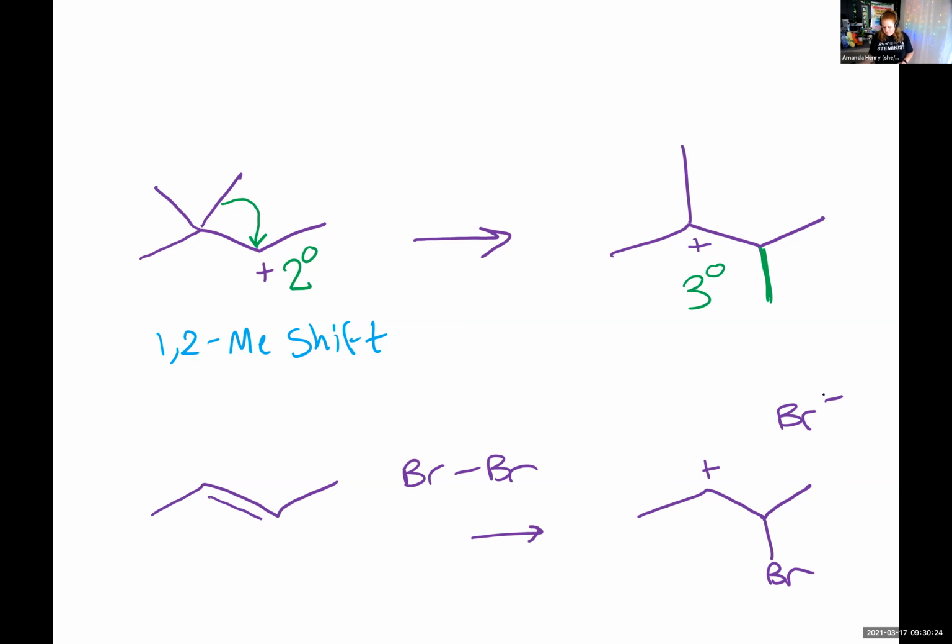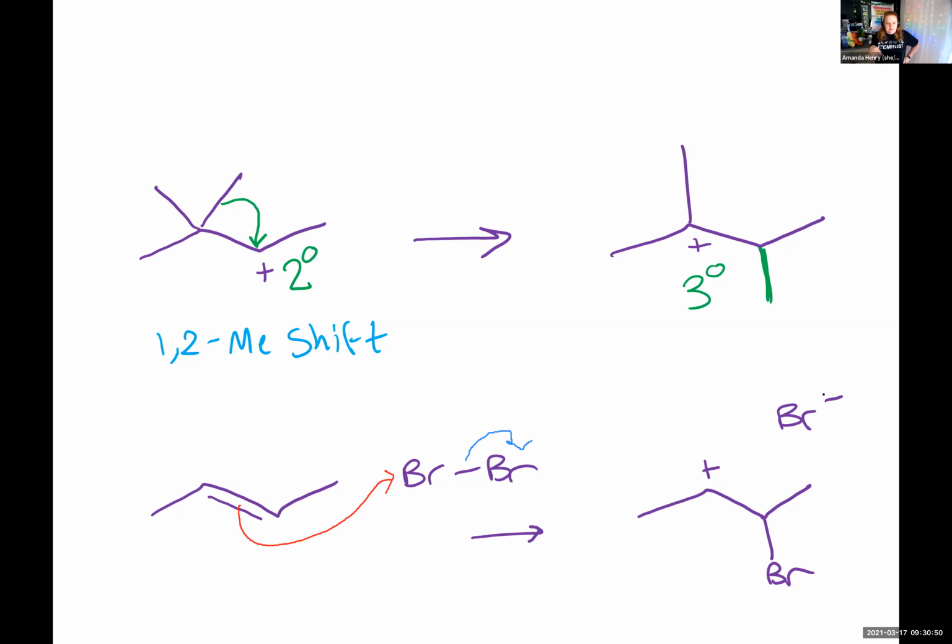This one's a little different though. So if you're hesitant, I understand why. That's okay. Anybody want to give this one a try? Is it a rearrangement? It's not a rearrangement.